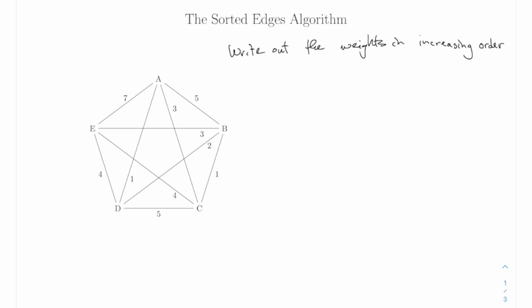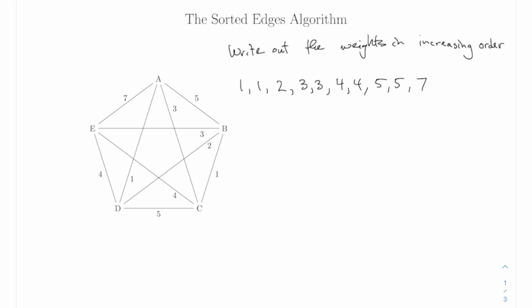So when I see the weights there, I see 2 1s, and I'm just going to write them down. 1, 1. There's a 2. I think there's only 1 2. There looks like 2 3s, 2 4s, 2 5s, and a 7. All right. Make sure you get them all. When you are looking, I suppose you have to look a little bit carefully, make sure you aren't missing any.